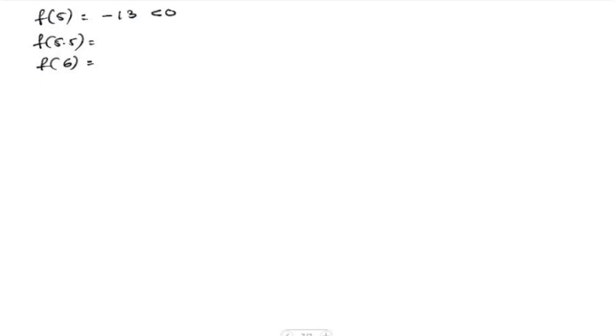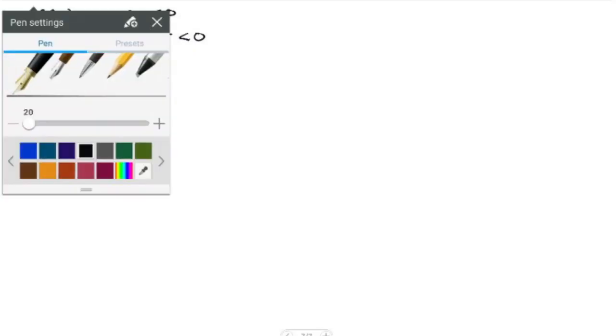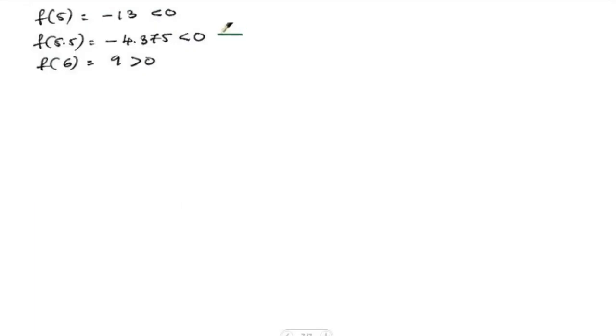Then f of 5.5 will be minus 4.375, which is again less than 0, and f of 6 is 9, which is greater than 0. So we can already see where the sign change is. Our sign change is from negative to positive, so this will be our third interval.